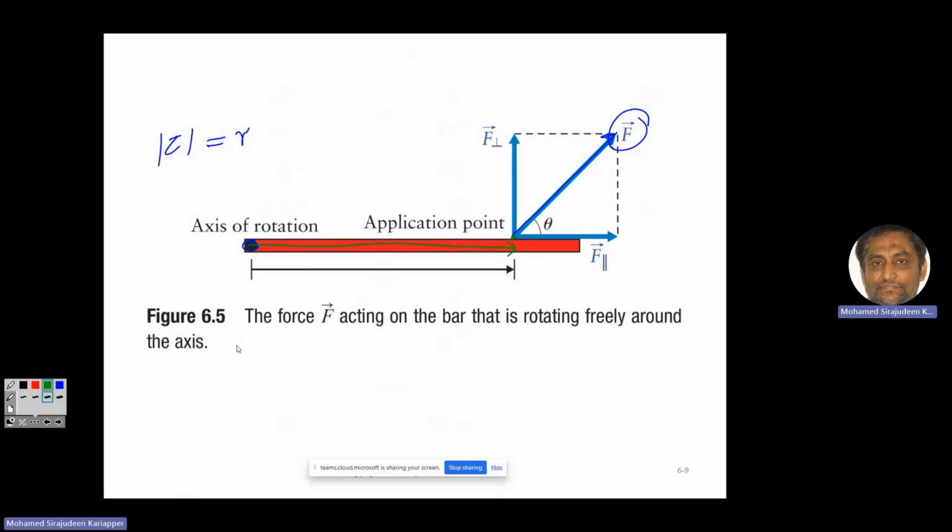Where is the force applied? Here. So this is your R multiplied by the perpendicular component of the force. Perpendicular to what? Perpendicular to the vector R. So it will be the rod here. If you know the angle between R and F is theta, this is the angle theta, then the perpendicular component will be F sine theta. So for this you can substitute F sine theta. Right, that is the magnitude.